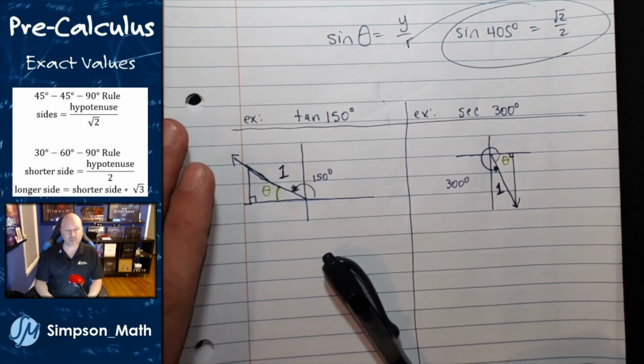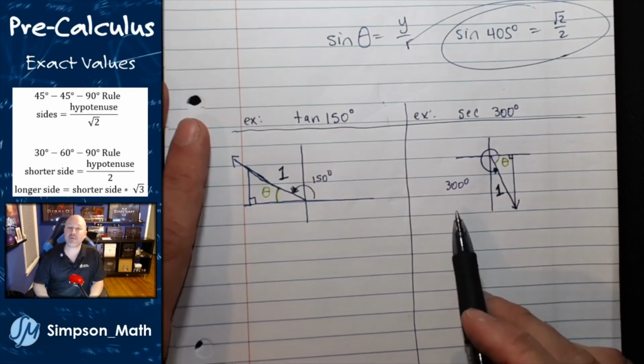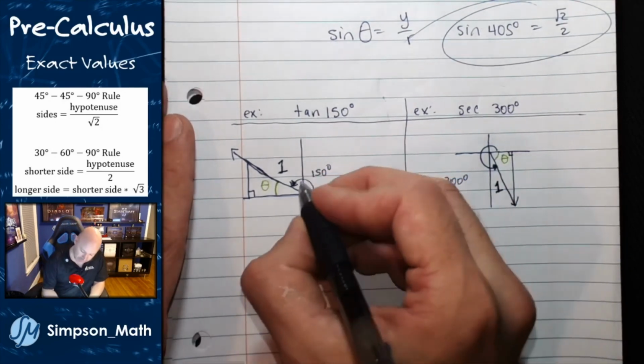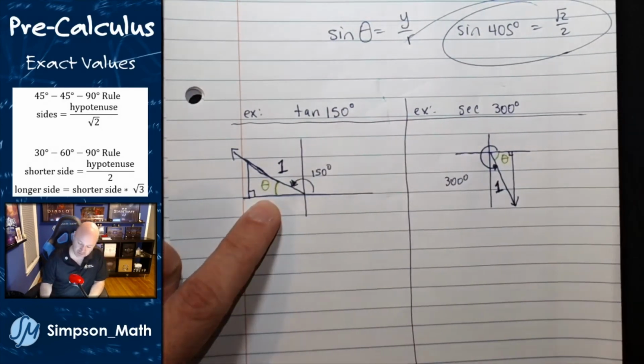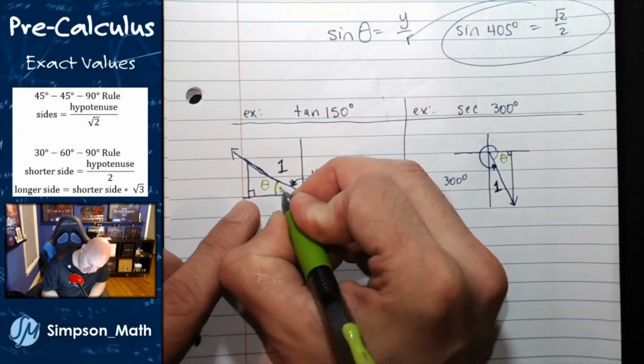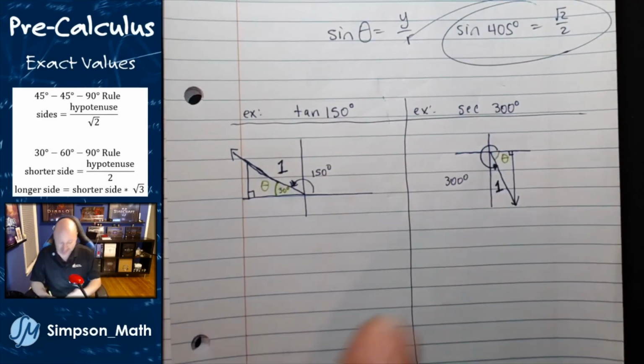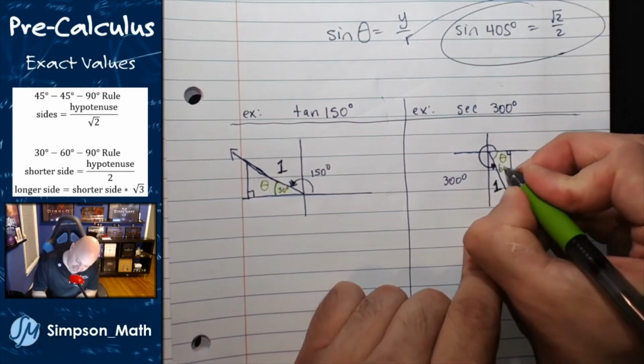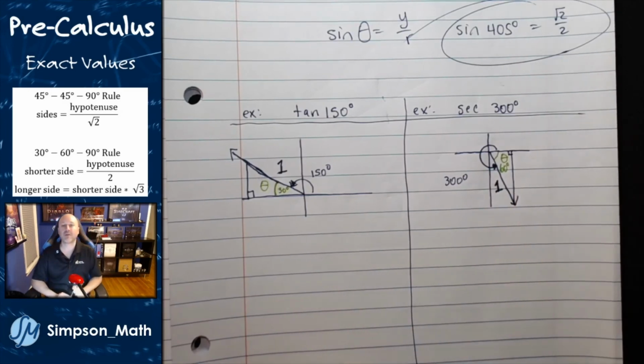And then, for both of these, I think I'm going to be able to use the 30, 60, 90 rule. Because this reference angle is 30 degrees. This reference angle is 60 degrees. So for both of these examples, they're 30, 60, 90 right triangles.